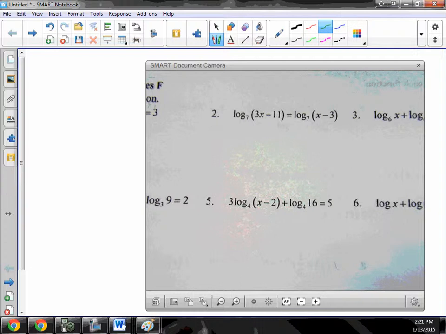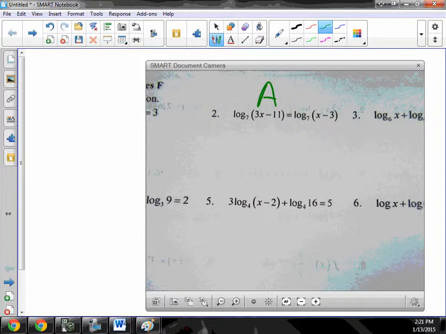But if you look carefully at this, it's not divide, because is it log base 7 times 3x minus 11? No, it's the log base 7 of the 3x minus 11. If I take the log base 7 of, let's say, a, and I take the log base 7 of, let's say, b, what do I know about a and b?